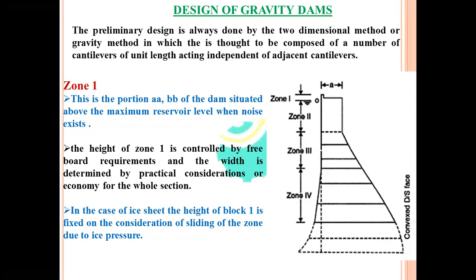In the case of an ice sheet, the height of block 1 is fixed on the consideration of sliding of the zone due to ice pressure. In cold countries, water freezes to ice, so in that particular case the dam is considered with ice pressure also in zone 1.